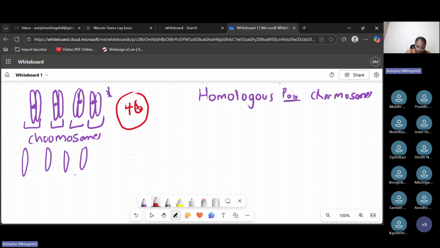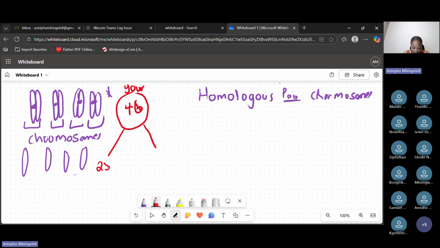Okay, so with these 46 chromosomes that you have, this is your cell, me and you. Now that means if we're saying 50% of the chromosomes are inherited from each parent, we are going to halve the 46. So half of 46 is 23.